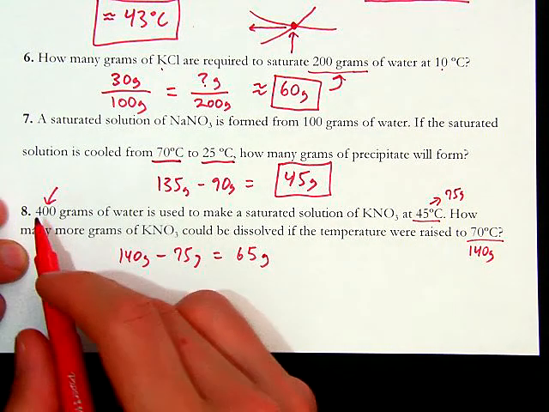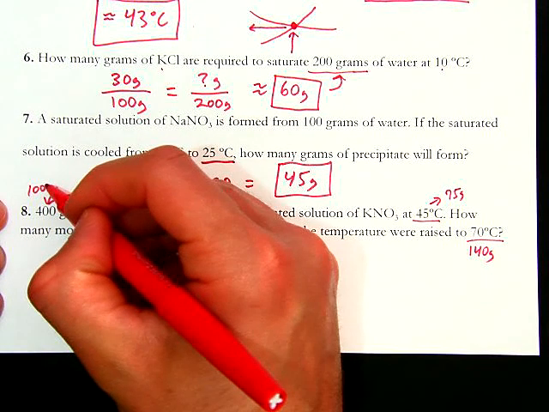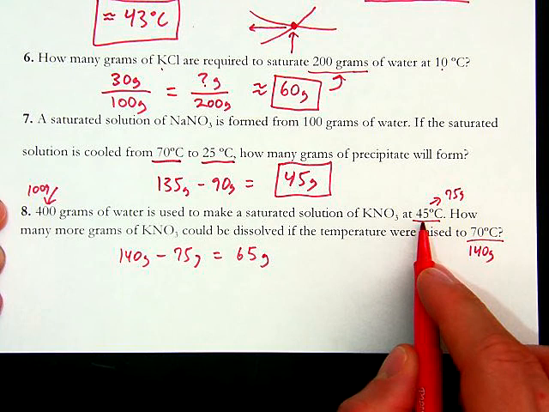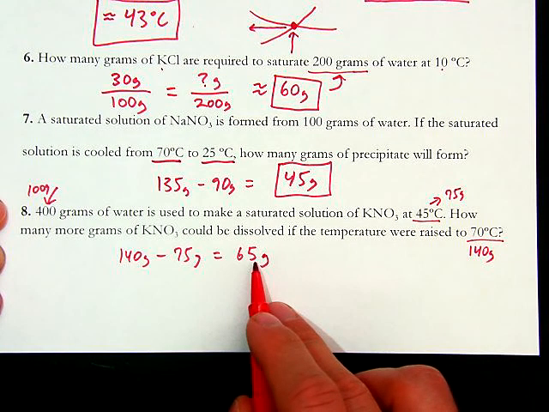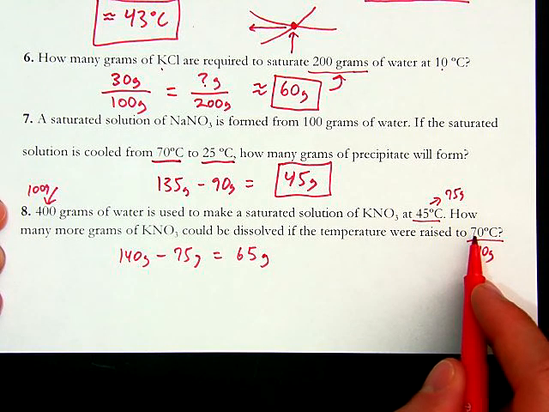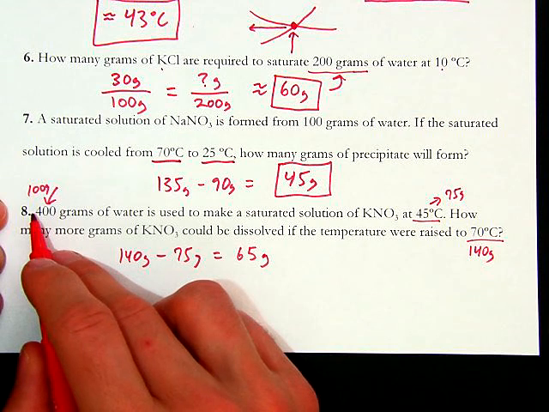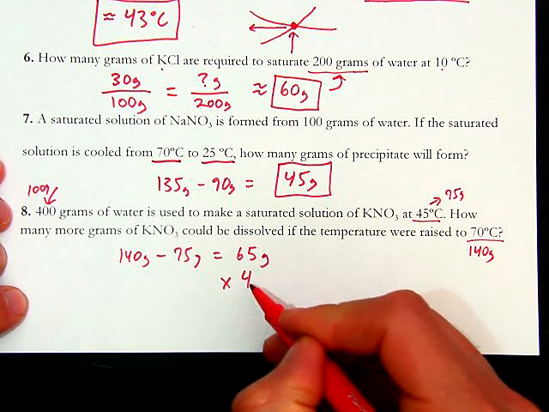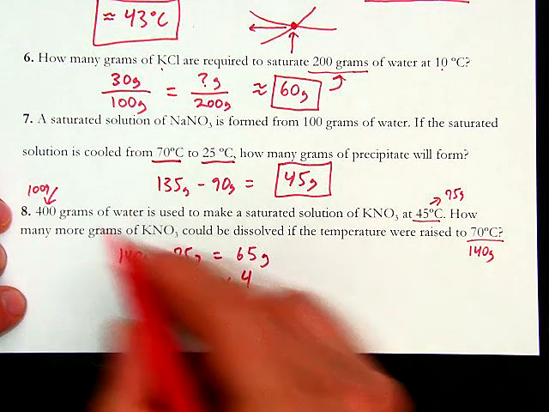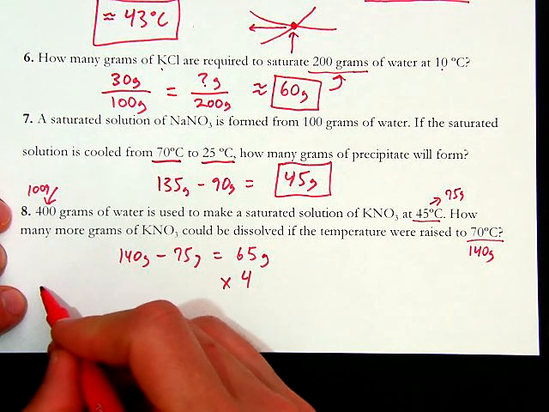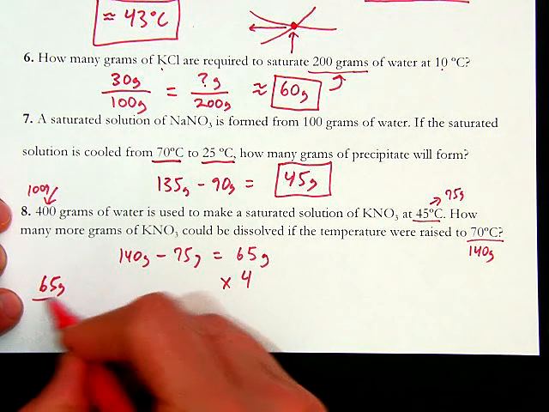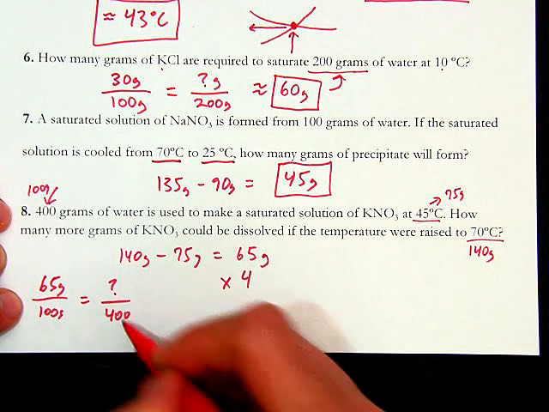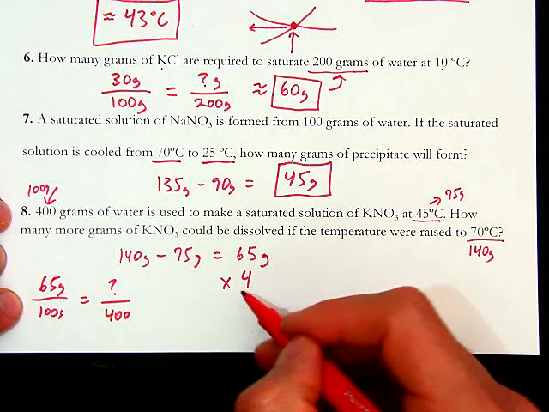So if this was at 100 grams and we made a saturated solution at 45, we would have to add 65 more grams to make a saturated solution at 70. But it's not 100 grams of water, it's 400 grams of water. So it's not going to be 65, it's going to be 4 times that amount, because 65 is what's needed in 100, right? So writing it like an equality, 65 grams is needed for 100 grams. They're wondering how many grams is needed for 400, right?